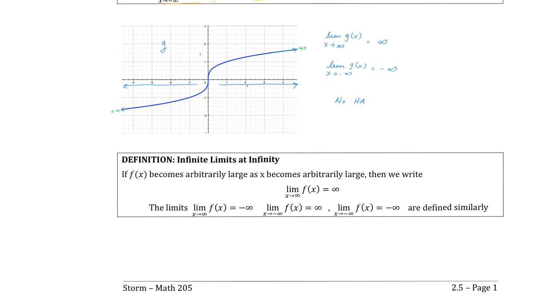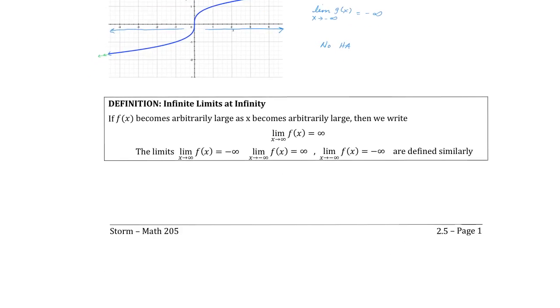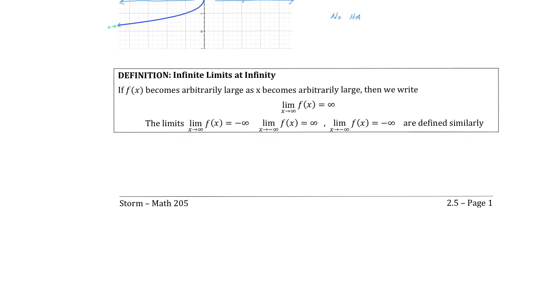So in this particular example, there is no horizontal asymptote. In order to have a horizontal asymptote, the limit has to approach a number; there is no horizontal asymptote if the limit goes to negative or positive infinity. And that's what we have in this box below. This is just notation. If f of x becomes large as x becomes large, then we write the limit as x goes to infinity of f is equal to infinity.